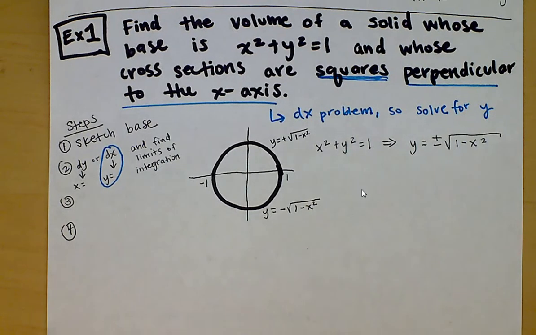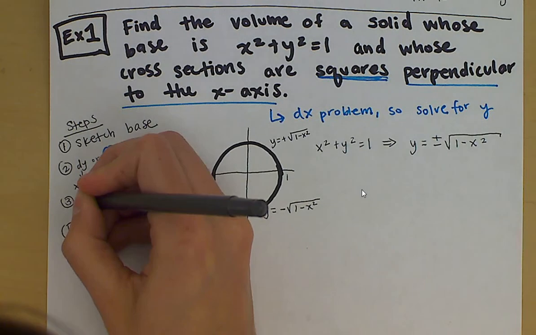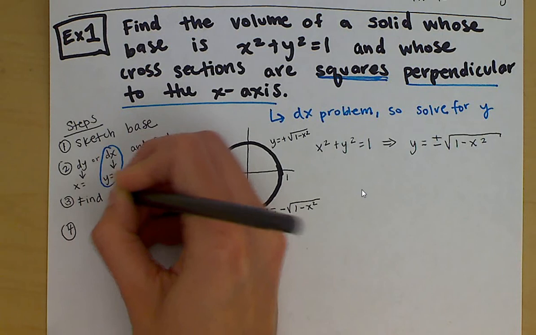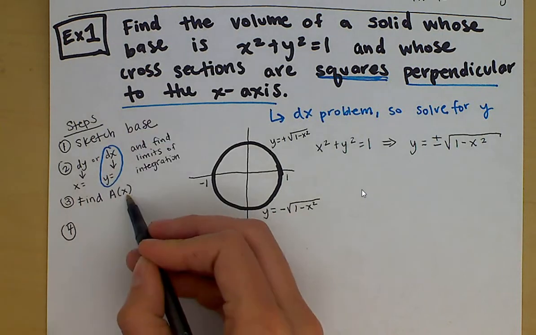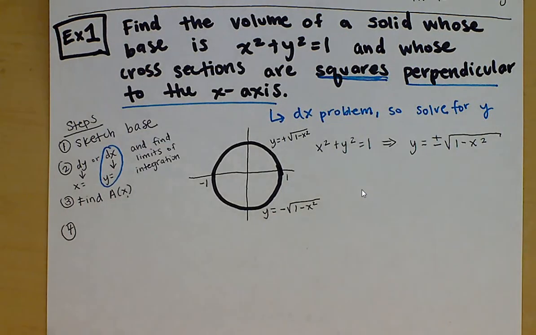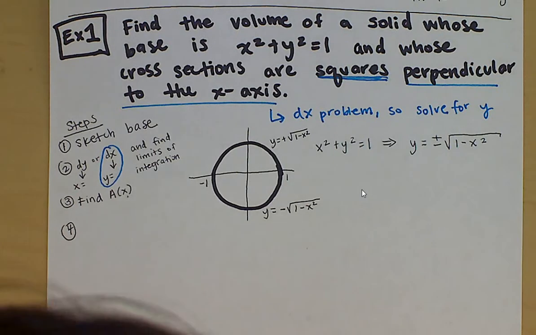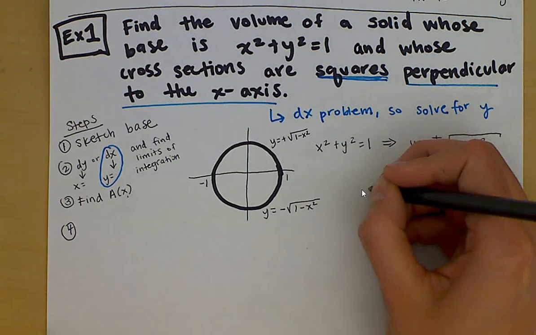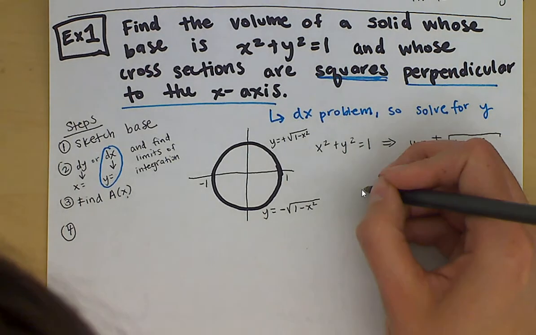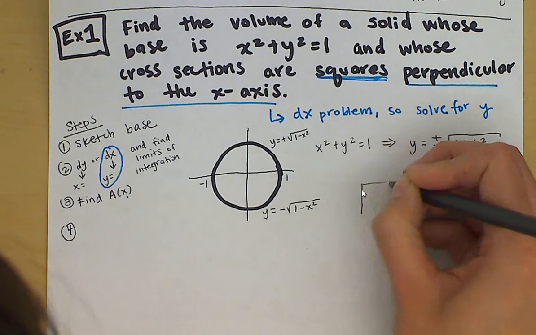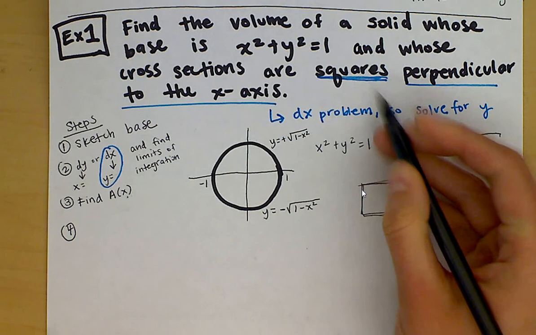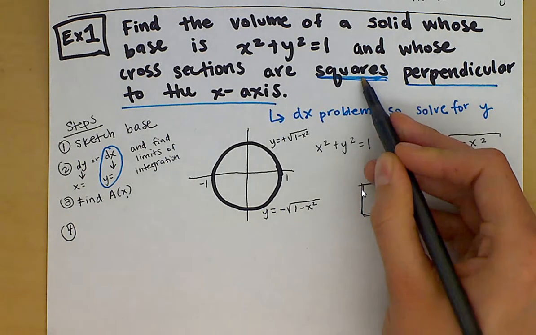Okay. So the third step here will be to find A of x. I'm finding A of x in terms of x since it's a dx problem. So A of x is going to be a square, since I'm drawing my cross sections as squares.